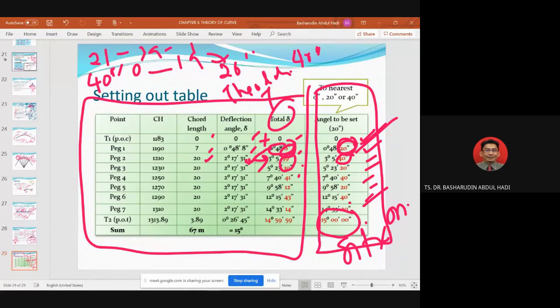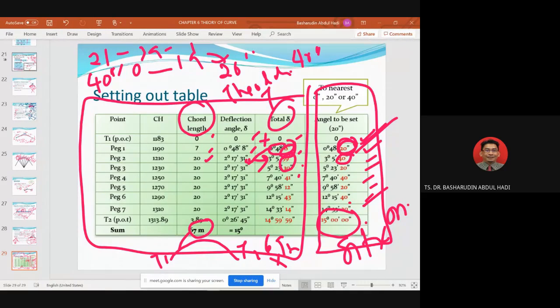Hopefully we can finish this one. And then if you calculate from the chord length view, you can get 67 meter, and the chord length we measured must be the same. You still remember the chord length is like this? This is a chord length because this one is T1 and T2, so it must be the same, 67. If you calculate 69 meter, it's totally wrong because you already calculated 67.